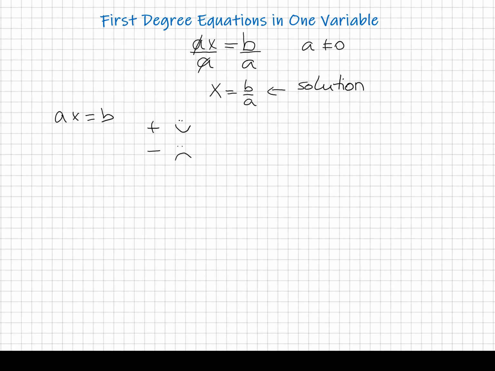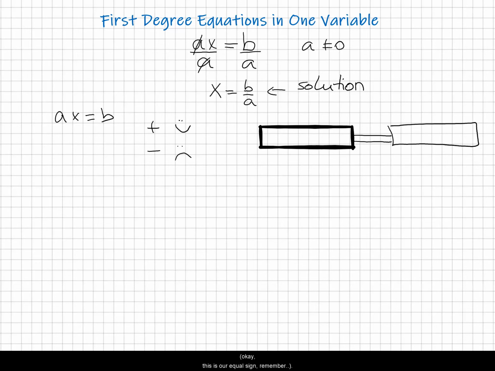And consider that you have two rooms, the left room and the right room, connected with a hallway. This is our equal sign, remember. And in order to separate all of the terms that have x's on one side, you would have to move some terms from one side to another and so on.